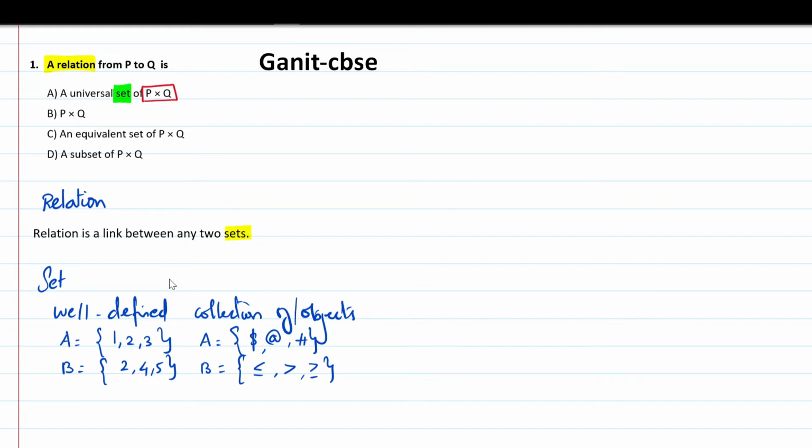It can be any objects, but it should be well defined.